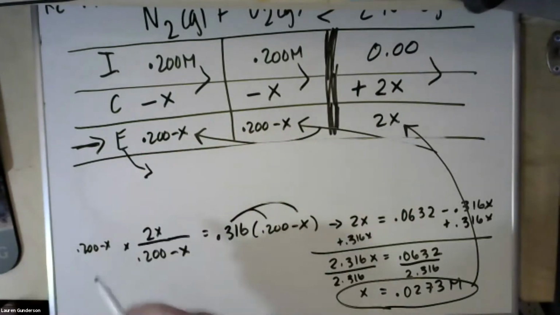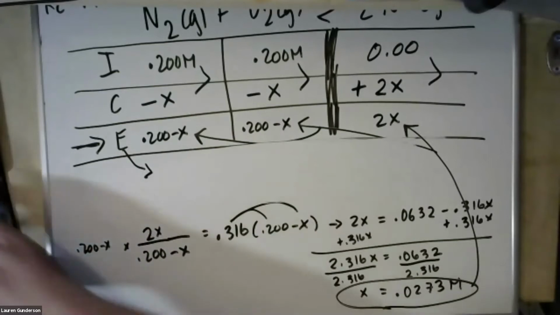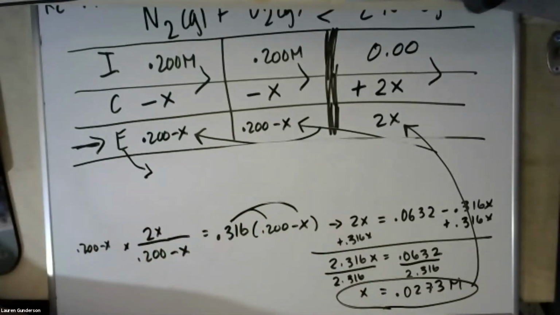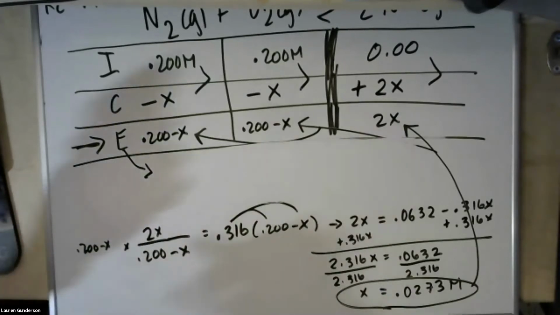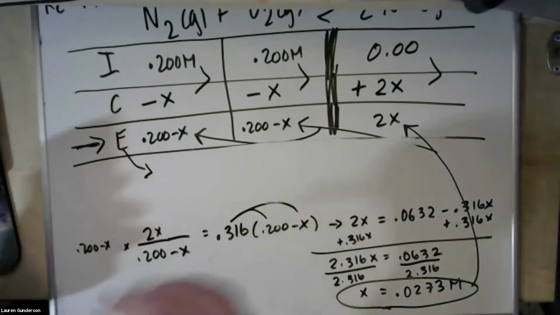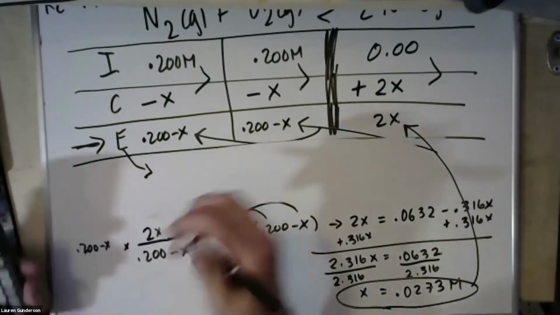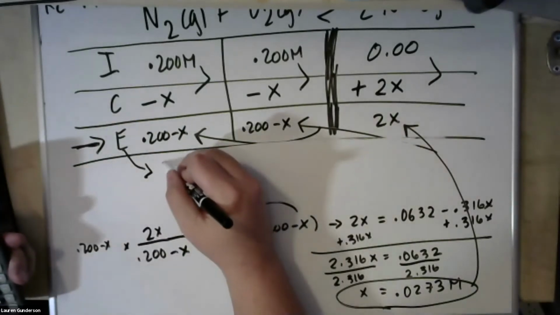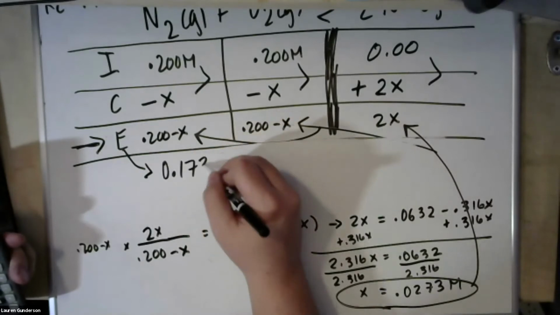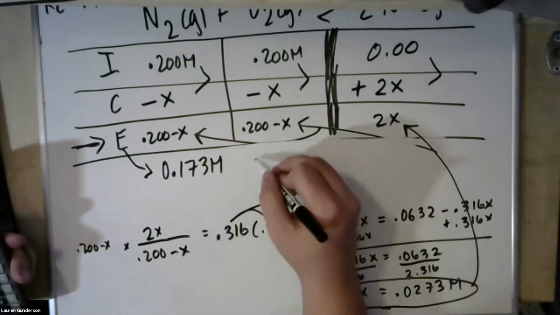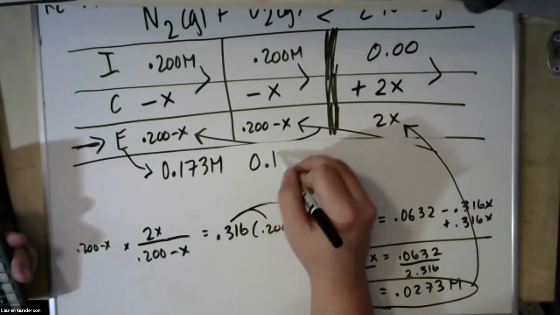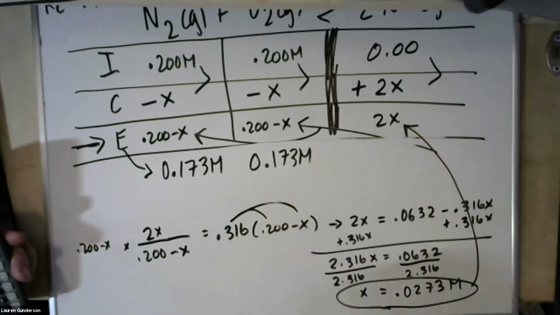So 0.200 minus 0.0273 is going to be 0.173 molar. This will also be 0.0173 molar because they're the same.